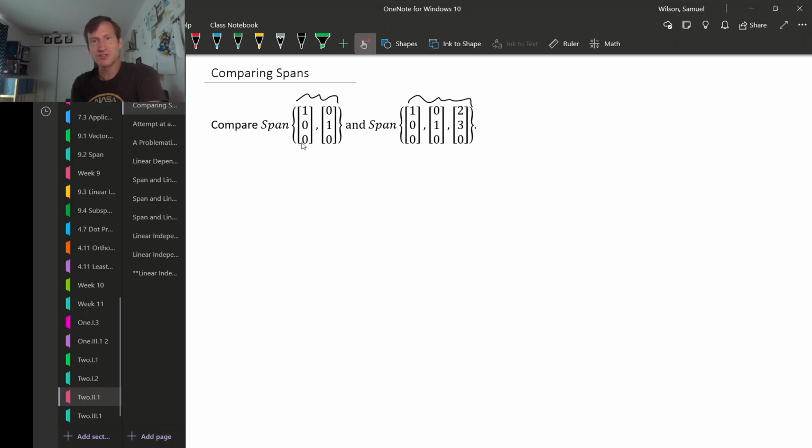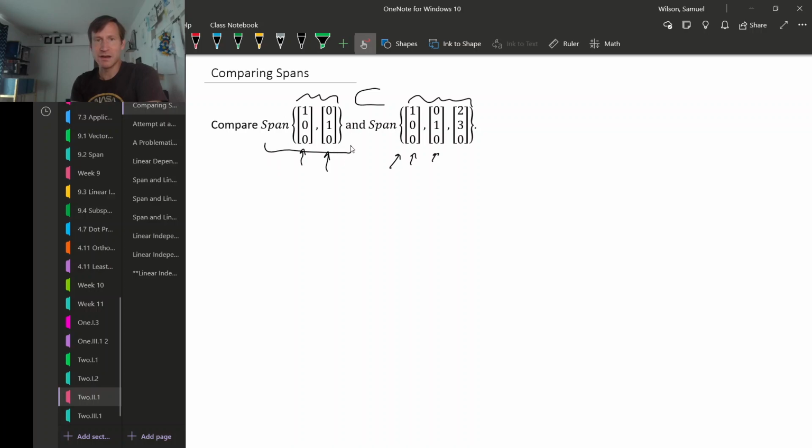Thinking about whether the first one is in the second, this vector 1, 0, 0 and this vector 0, 1, 0, these vectors are both in this span, clearly, because they're in the spanning set. So the set containment this way is pretty clear.